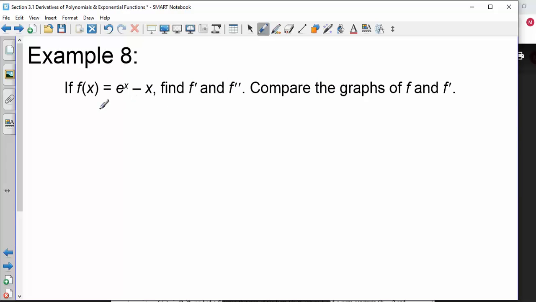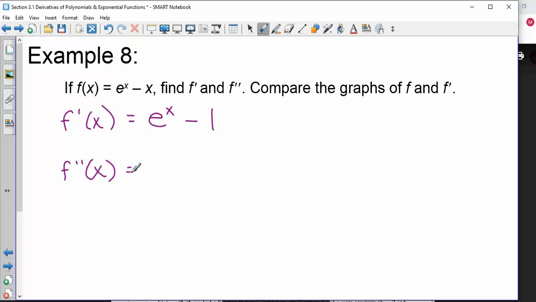Okay, so here's a function. I want to find f prime and f double prime. So we go term by term. Derivative of e to the x is e to the x, minus, what's the derivative of x? 1.